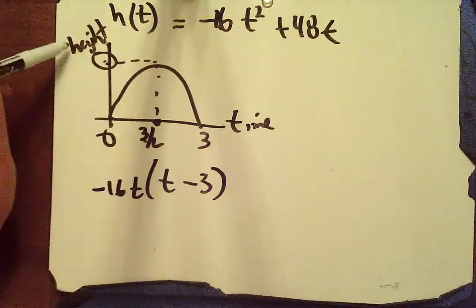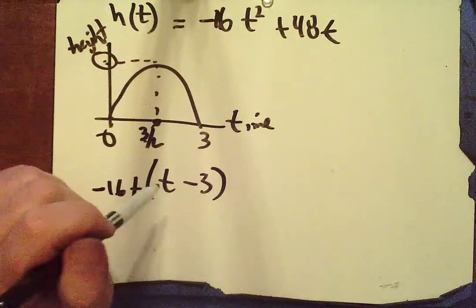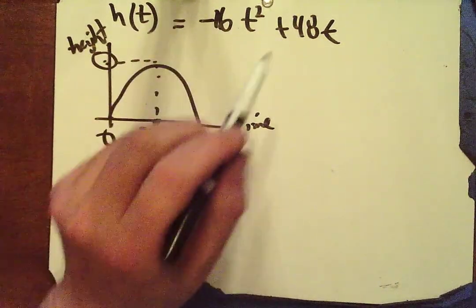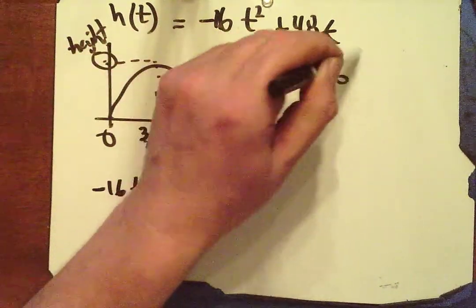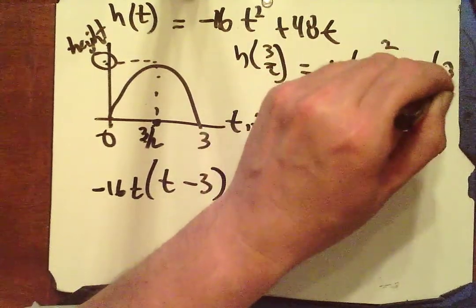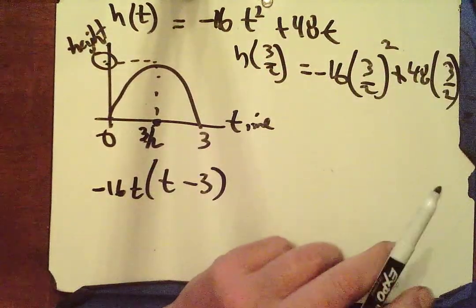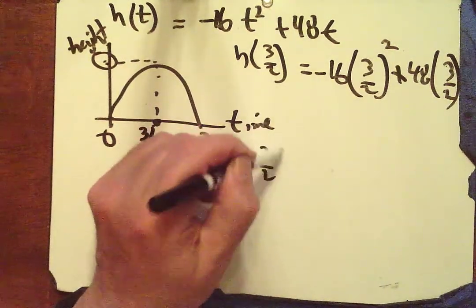If I want to know what the height is at 1.5 seconds, I'm going to have to put that 1.5 in there. Now, we could do h of 3 halves equals negative 16 times 3 halves squared plus 48 times 3 halves. But I'm not going to do that because we just talked about synthetic substitution.